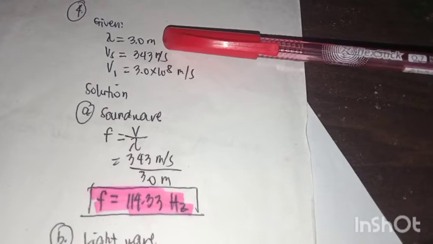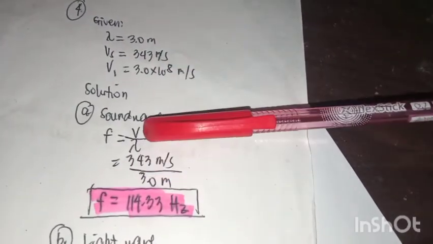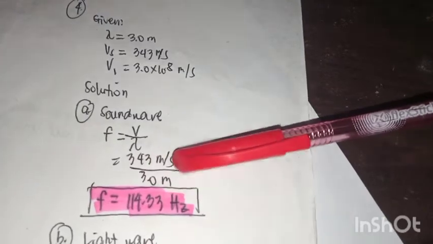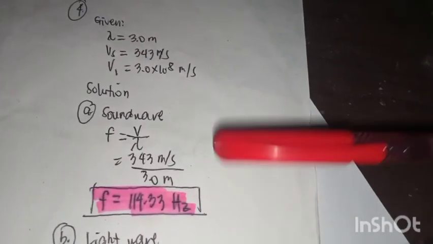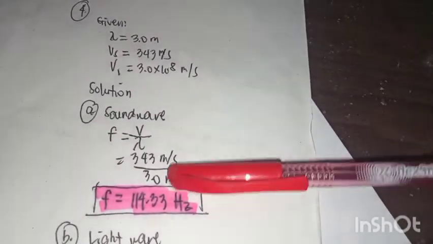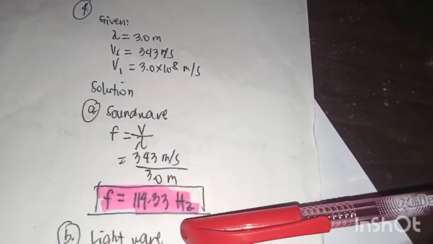this formula, this equation, which is frequency is equal to velocity divided by wavelength. We're just going to substitute the values in the given, which for the velocity is 343 meters per second divided by 3.0 meters. So, input it in the scientific calculator and the frequency is equal to 114.33 Hz.